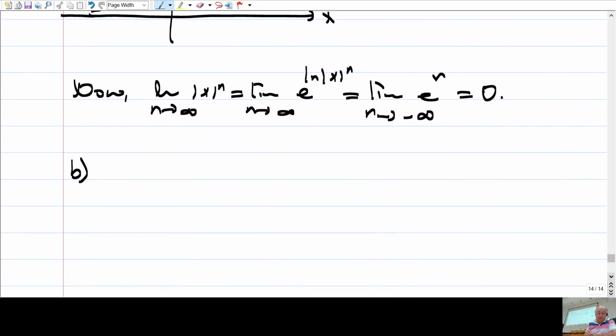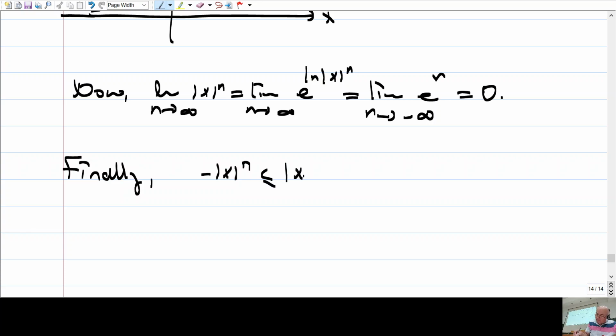Let's see why this is true. Maybe one more line here. So here we showed that the absolute value of x to the power n goes to 0, but then we have this. Finally, maybe I should write one more line.